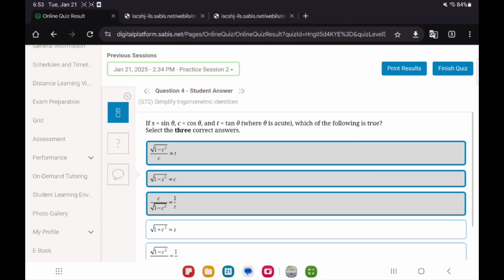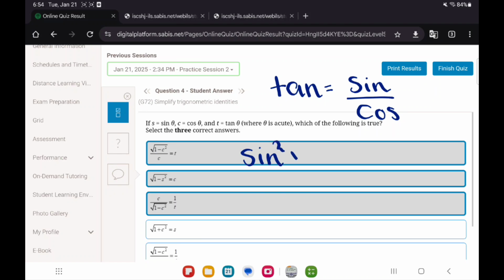This might look like a headache, like it's so hard, but it's so easy once you actually start reading into it. We know that tangent equals sine over cosine. Now let's remember that. And we know that there's a trigonometric identity: sine squared x plus cosine squared x equals 1.